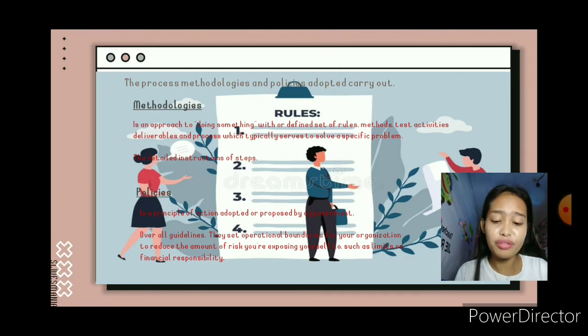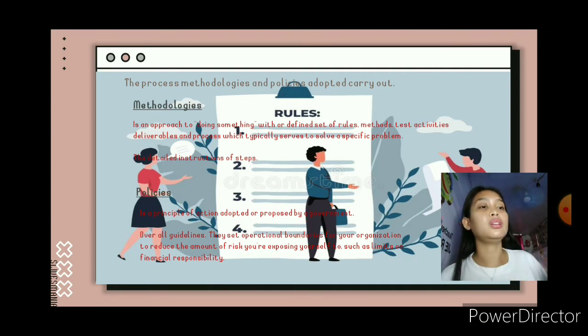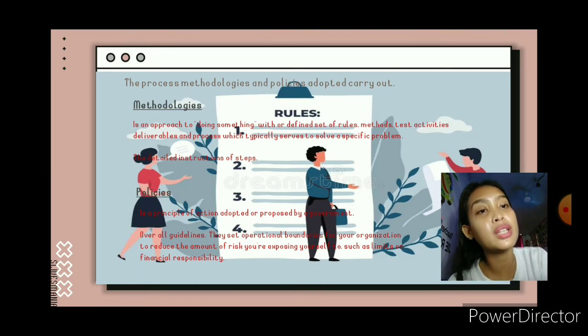So for example, procedures and policies are important tools to systematize your business. I have an example. I choose a company that has its policies and methodologies.